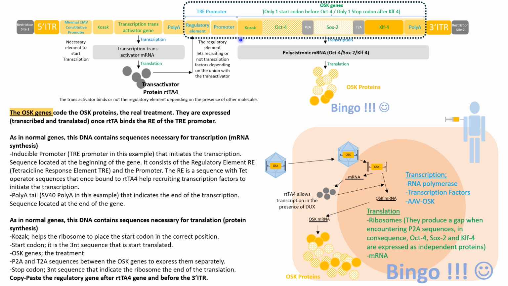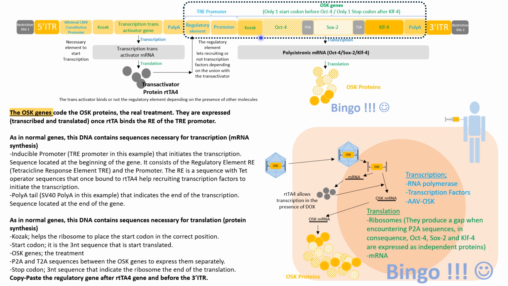Things important to know here. In order to start the translation, we need the Kozak sequence, and sometimes the Kozak carries the start codon. So for starting the translation, we need the Kozak and the start codon. The start codon can be within the Kozak sequence or at the beginning of the first gene, the gene of OCT4.